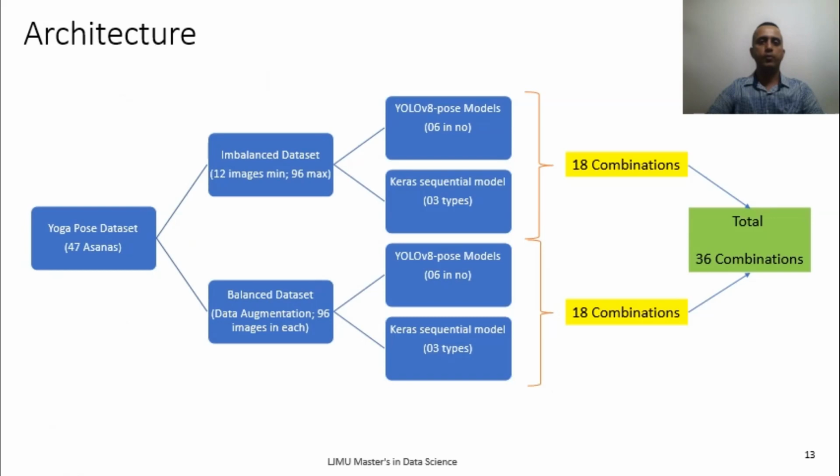Coming to the overview of the architecture used for the implementation, the yoga pose dataset was used in its original unbalanced form as well as in the balanced form post data augmentation as displayed.